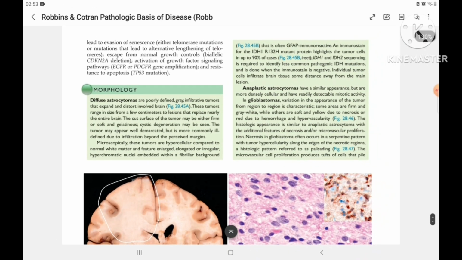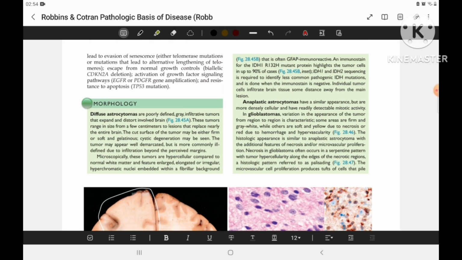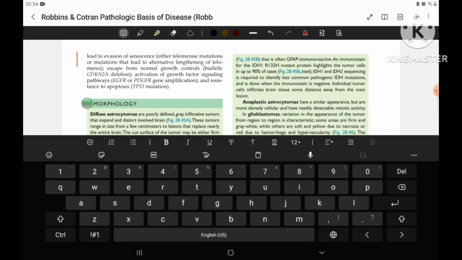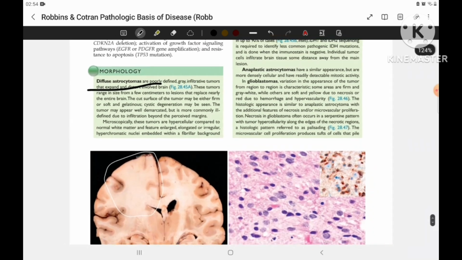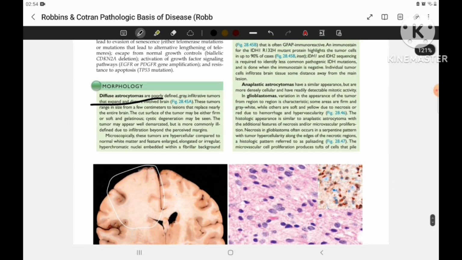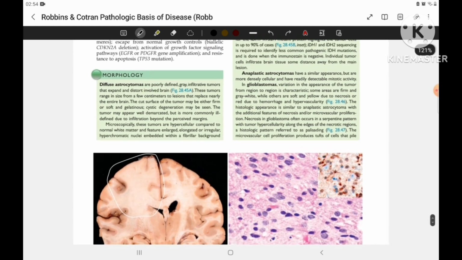Guys, showing you the PDF in the video, you can see that. See, diffuse astrocytomas, this is there, right? It is being highlighted, diffuse astrocytomas, yes, anaplastic astrocytomas.